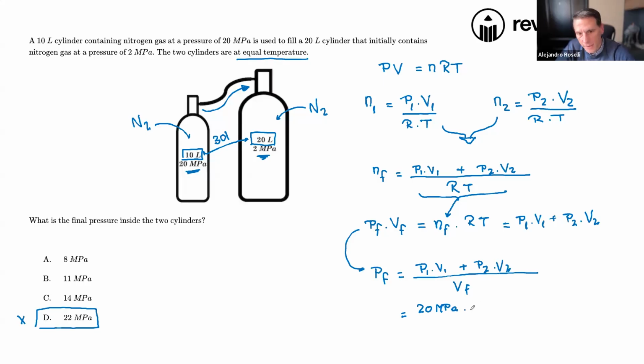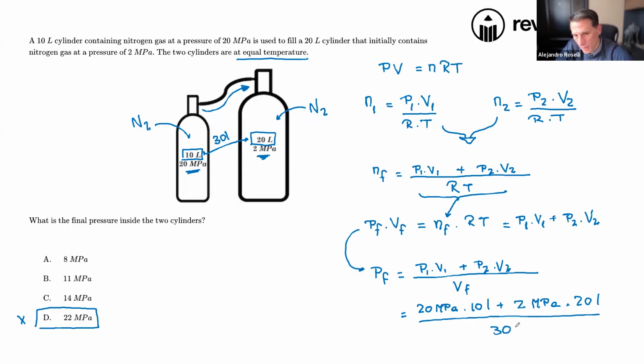Volume of the first cylinder, 10 liters. Pressure of the second cylinder, 2 megapascals. And volume of the second cylinder, 20 liters. All of that divided by the total volume occupied by the system, which will be 30.